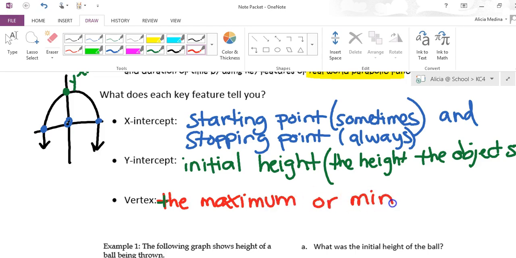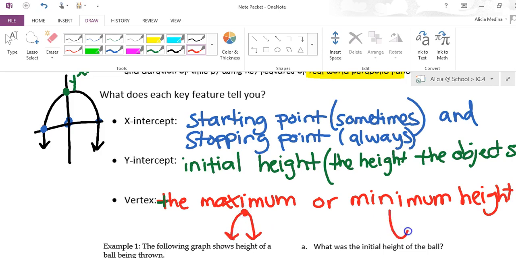It can't be both. It's either the maximum height or the minimum height. If you have a maximum height, the parabola is going to look like this, and the vertex is going to tell you wherever that max is. Versus the minimum, where our vertex is that lowest point, so it would tell us what that lowest height is.